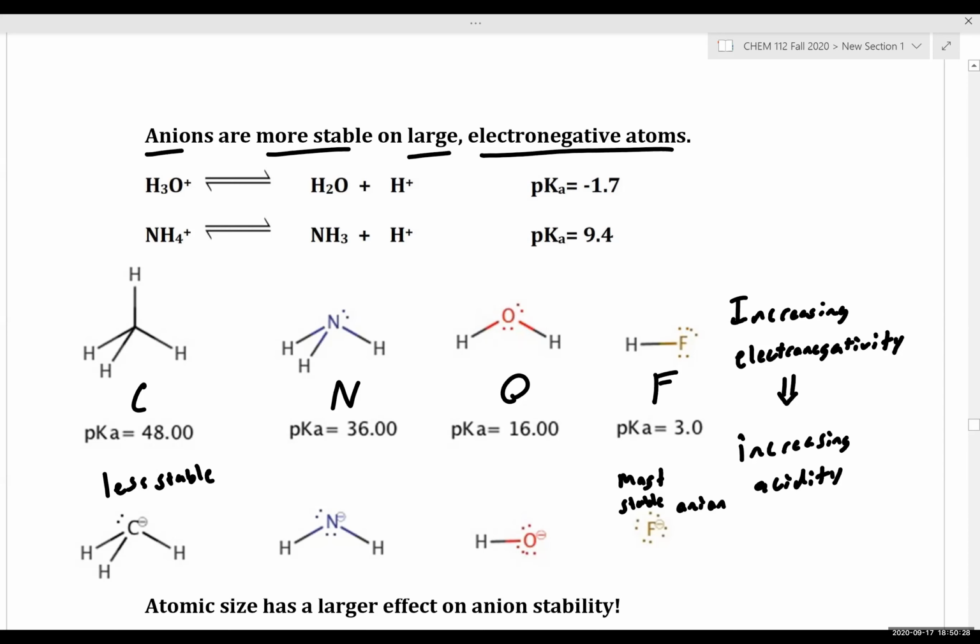Does that make sense to everyone so far? This logic can also be used to explain why a protonated alcohol is more acidic than a protonated amine.